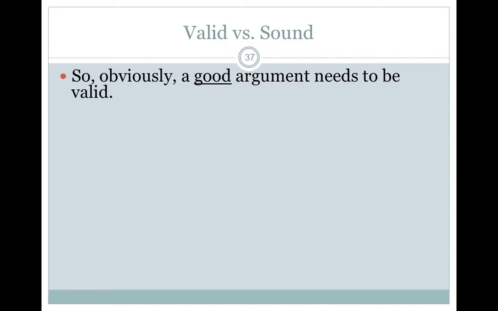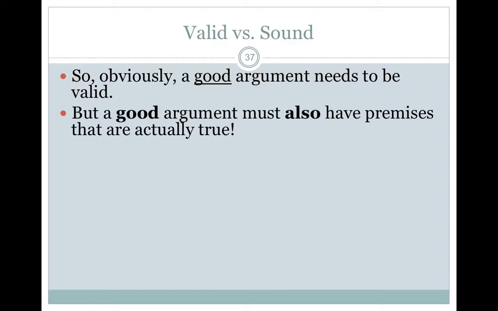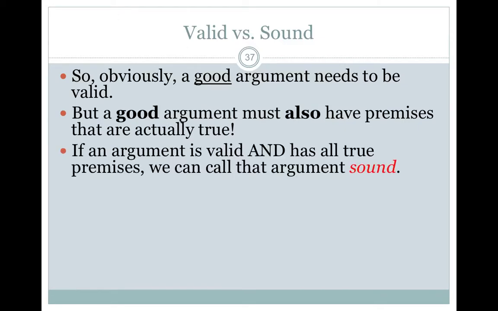But obviously that's not all, because so far it's perfectly consistent with everything we've said for a valid argument to have false premises. We've just defined a valid argument as one where if the premises were true, the conclusion would have to be. But we want more than that for a really good argument, right? We want the premises to actually be true in order for the argument to be at all convincing.